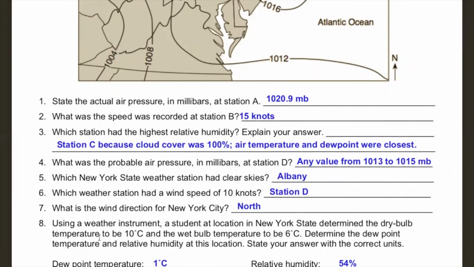Notice how the dry bulb is 10, the wet bulb is 6. The wet bulb is always going to be either the same or lower. It's never going to be higher because remember, you're swinging that sling psychrometer around. It's evaporating off of it. It's a cooling process. Evaporation cools you down.